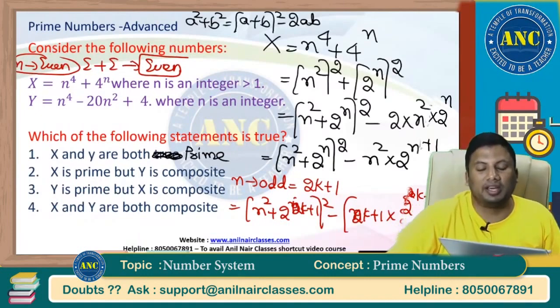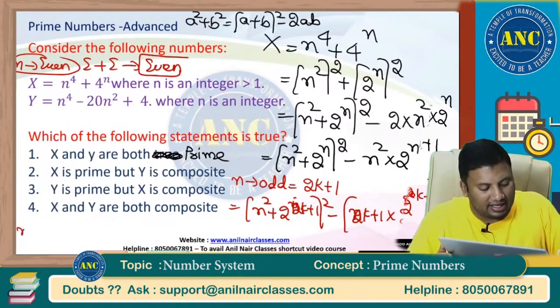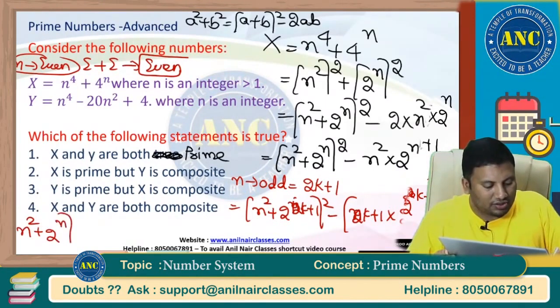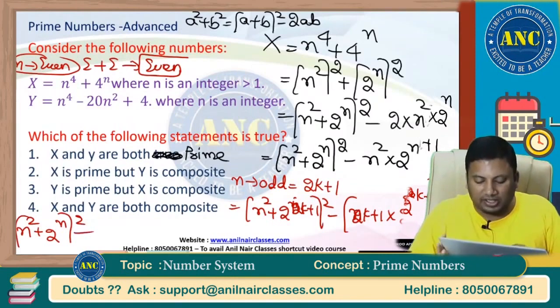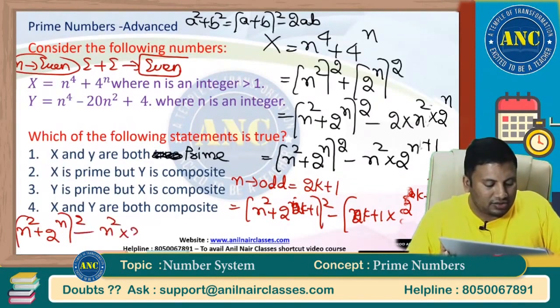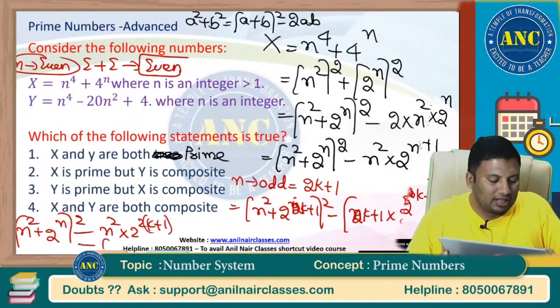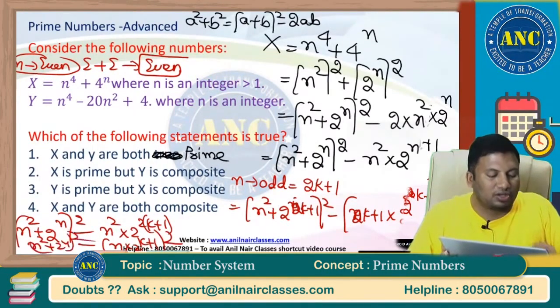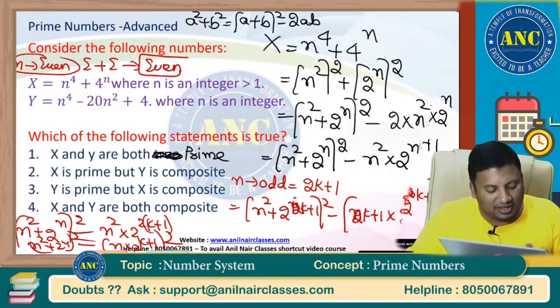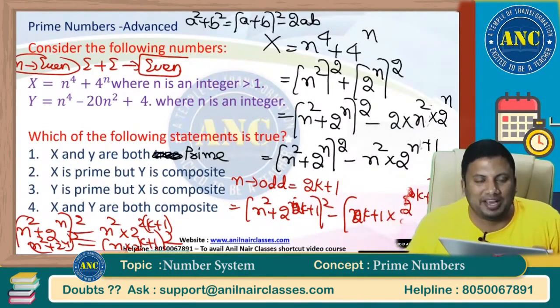Are you all with me? I hope this idea is clear. N square plus 2 power n whole square, with n replaced by 2k plus 1, minus n square into 2 power 2k plus 1 plus 1, which is 2 into 2k plus 1. This is n into 2 power k plus 1 whole square. A square minus b square is a plus b into a minus b.